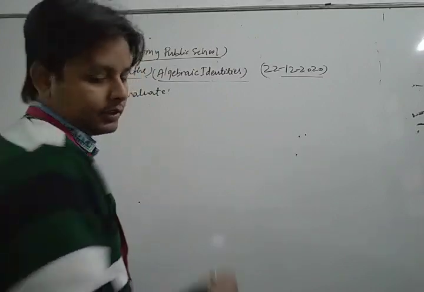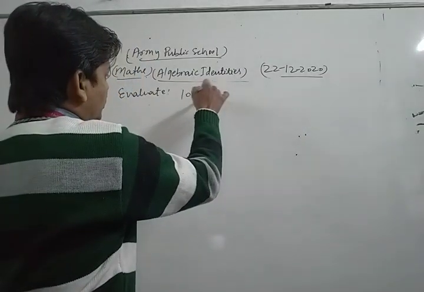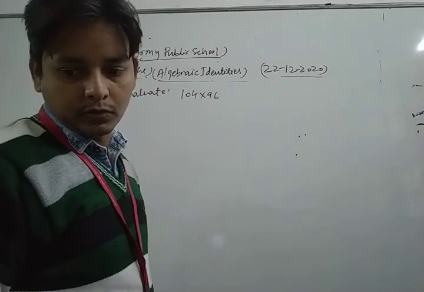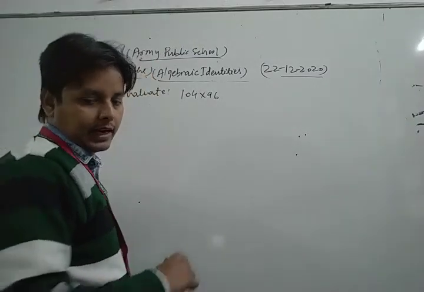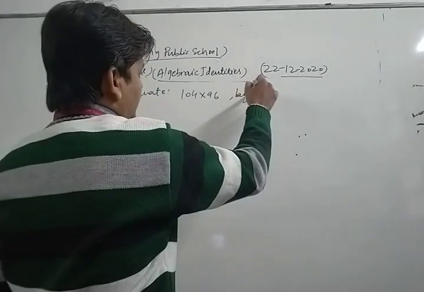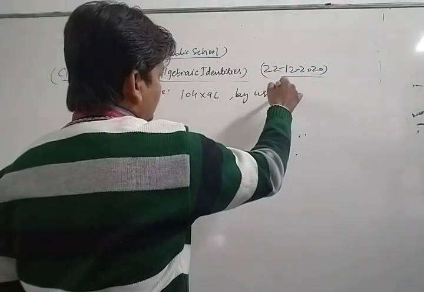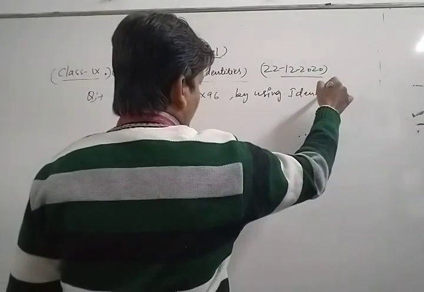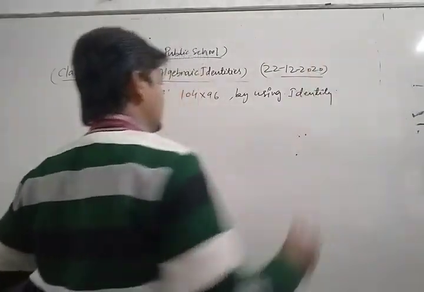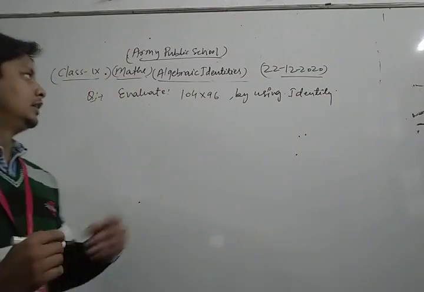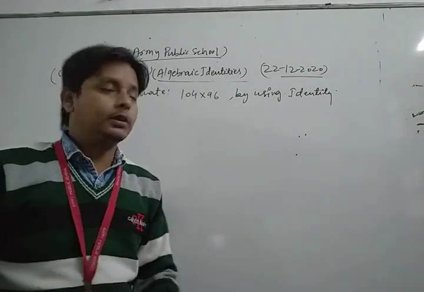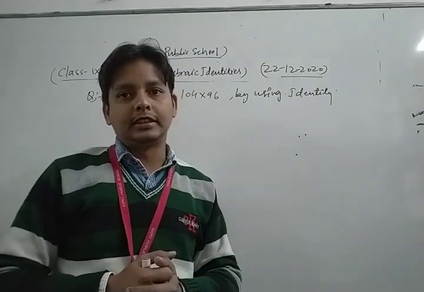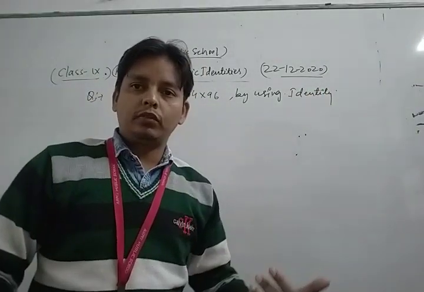We just multiply 104 and 96 by using the identities. Now, what is the process to solve that type of question?